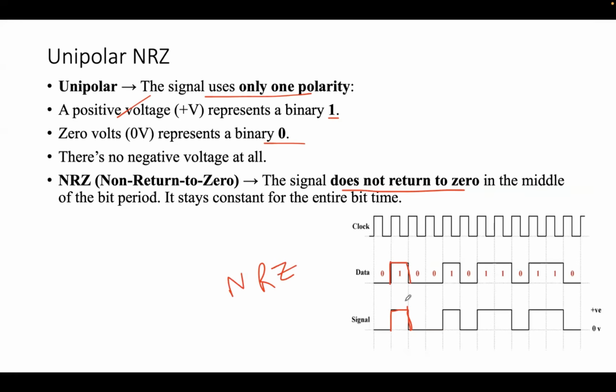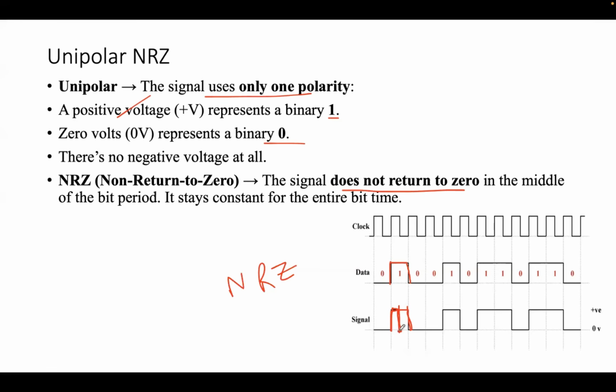Say for example, in the middle here, this is the middle part. So if you find a representation something like this in the middle of the bit period, then see here it is returning from positive to 0.